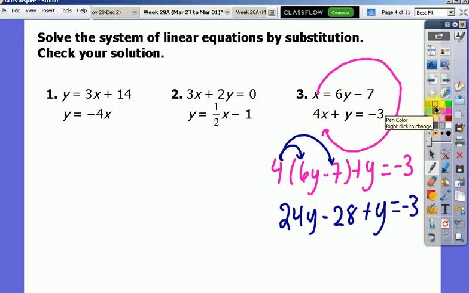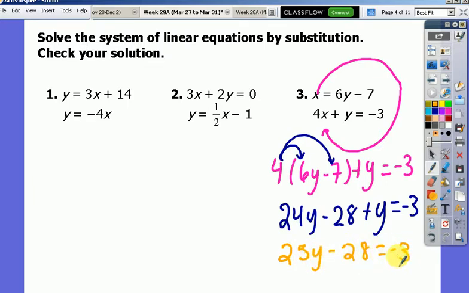Okay, are we good so far? Alright, so now what do I do? Add 28. Okay, what can I combine first before I do that? 25y and 1. Yes, making it 25y minus 28 equals negative 3.